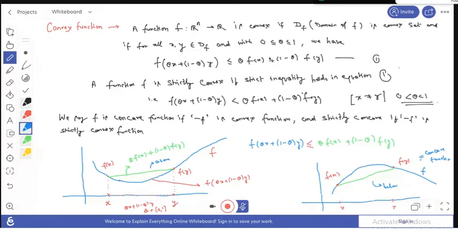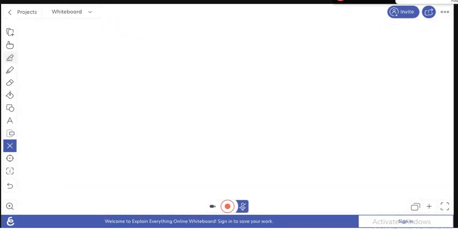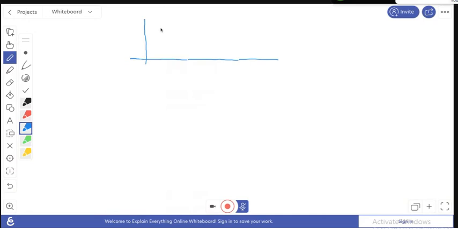the domain is convex. Domain is convex, okay. So if we take another example of a convex function, next page, suppose we take this type of function, this is your any function f, okay, and if we take some points here, okay.